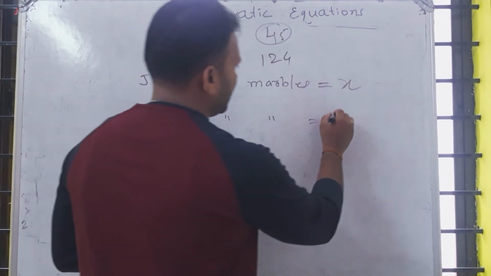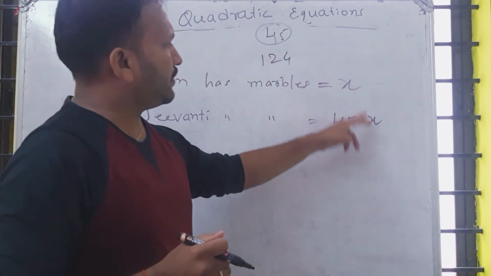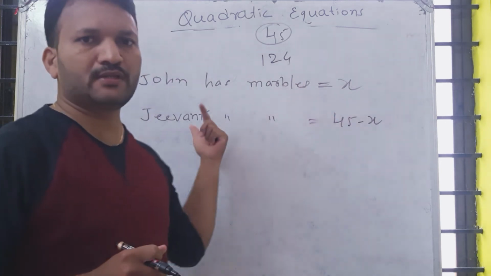And Jivanti has how many? 45 minus X, because whatever number John has has to be subtracted, and the remaining marbles are with Jivanti.